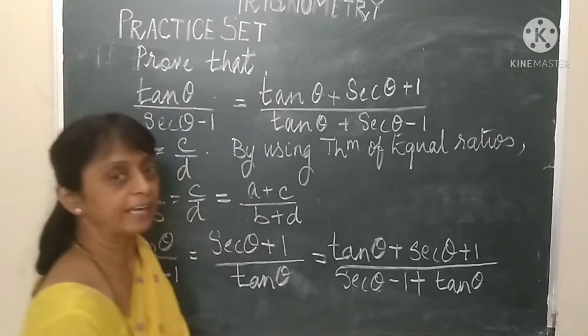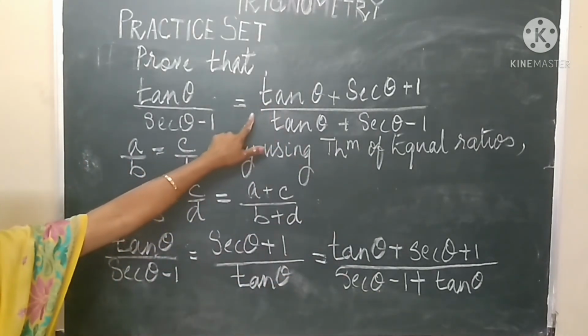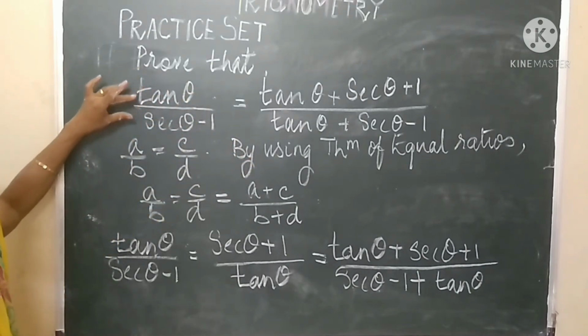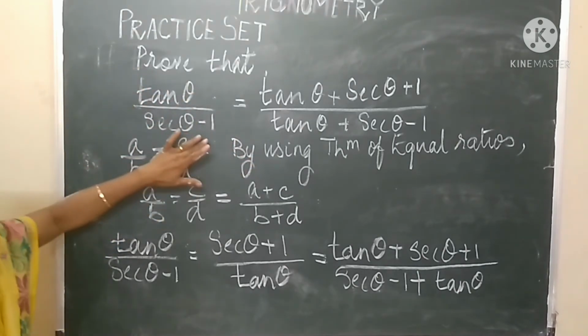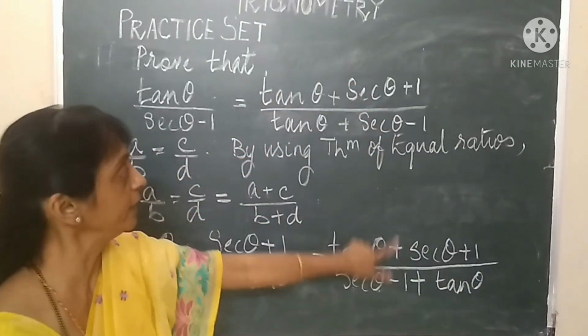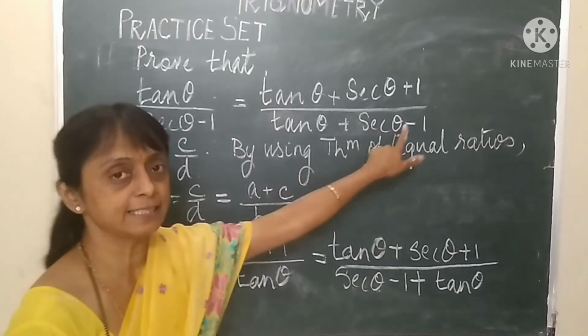So this finally proves what is being asked in the problem, that we have to prove that tan theta upon sec theta minus 1 is equal to tan theta plus sec theta plus 1 upon tan theta plus sec theta minus 1.